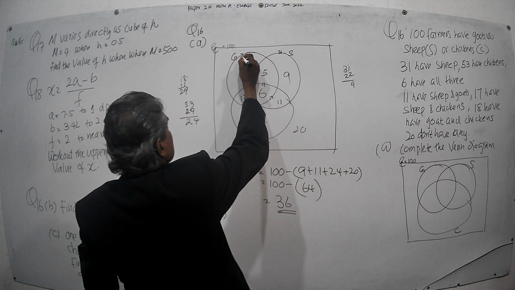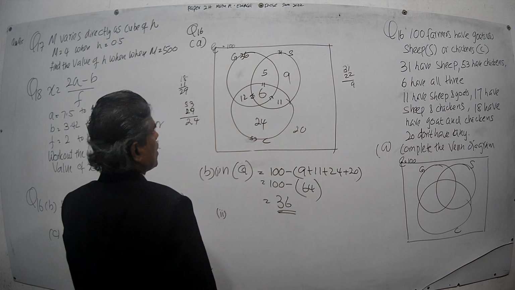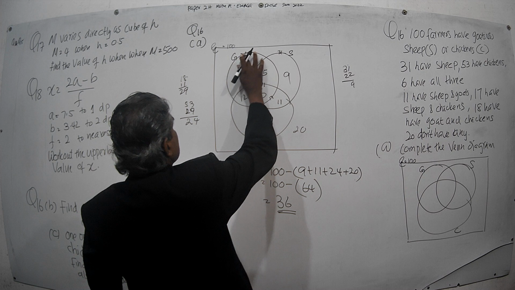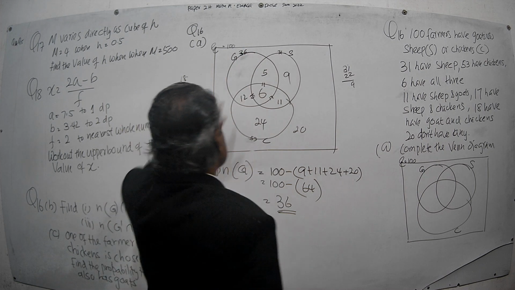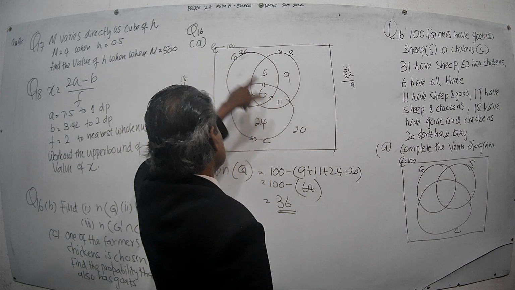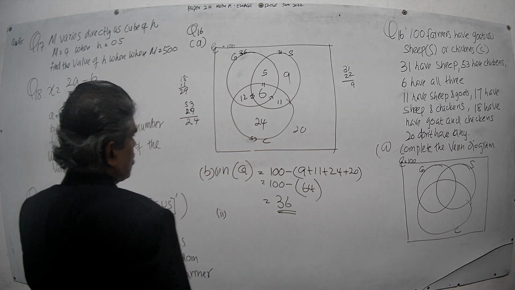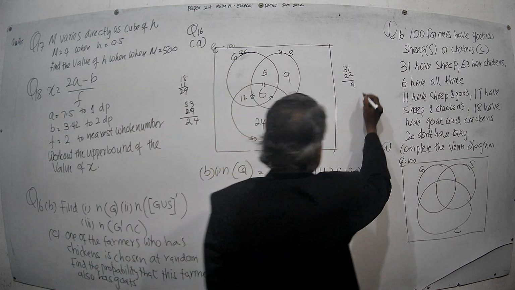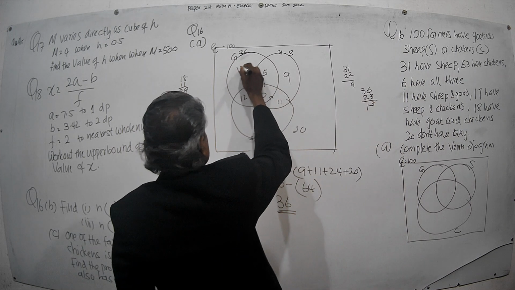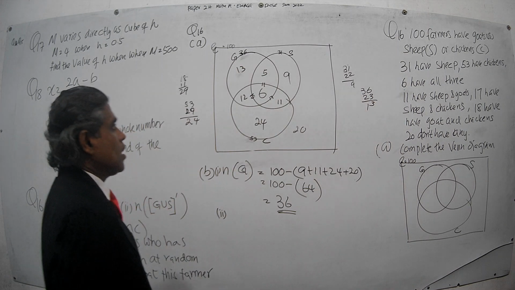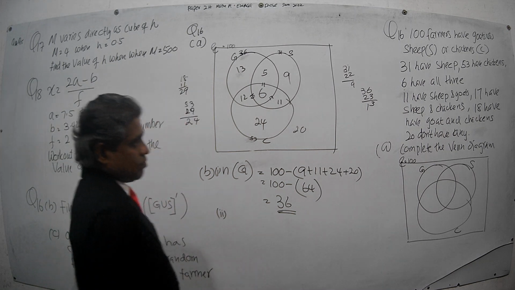We found it. Then we write 36. Then we can find this by deducting these 3 from that one. Here 11, 11, 12 is 23. 36 minus 23 is 13. This one is also 13 only. Farmers farming only goats.